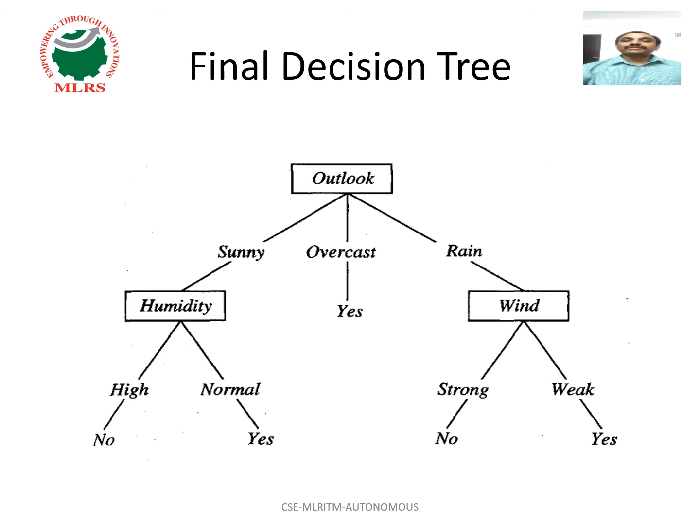Under sunny, the humidity attribute is selected as a descendant node of outlook. Under humidity, high gives the no result and normal gives the yes result. Similarly, under the rain case, we selected wind as the descendant node of outlook. Under wind, strong gives the no result and weak gives the positive result. So this is the final output of the ID3 algorithm on the given data.